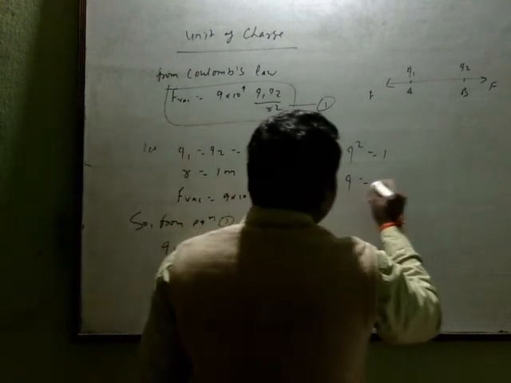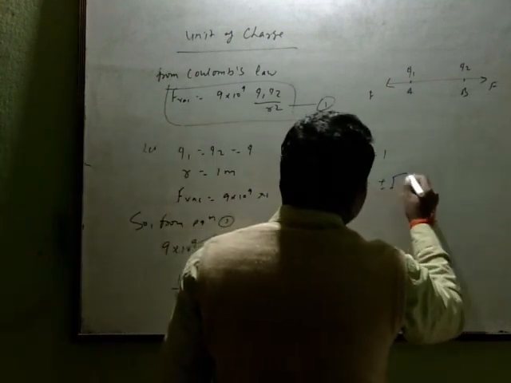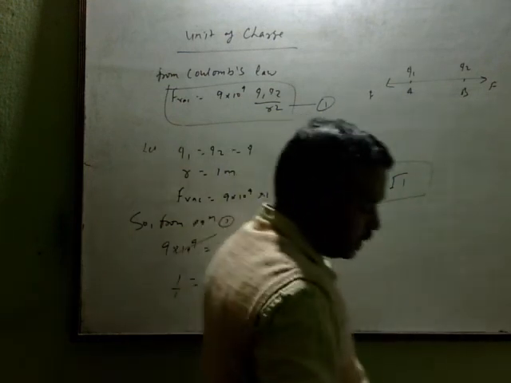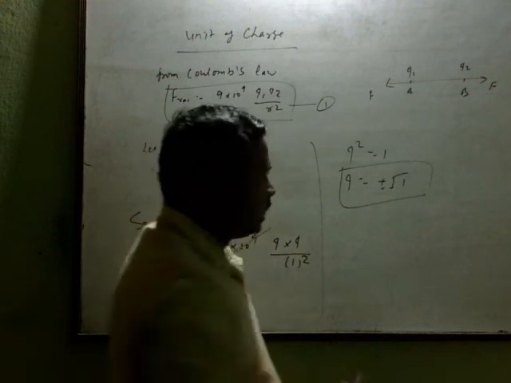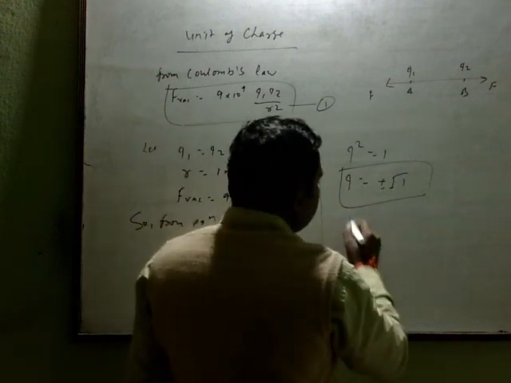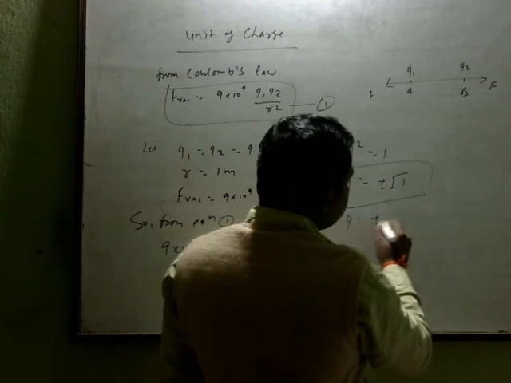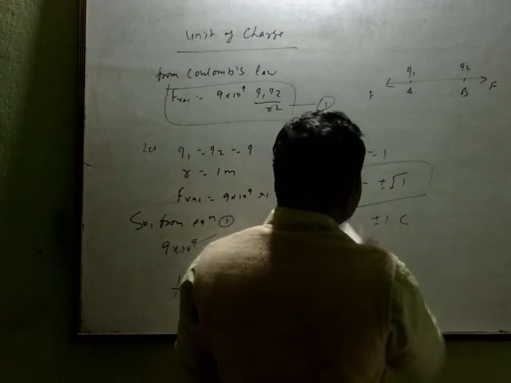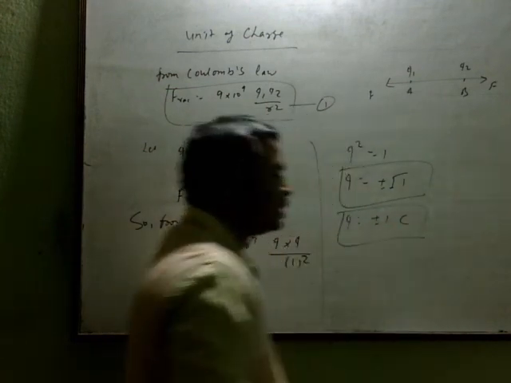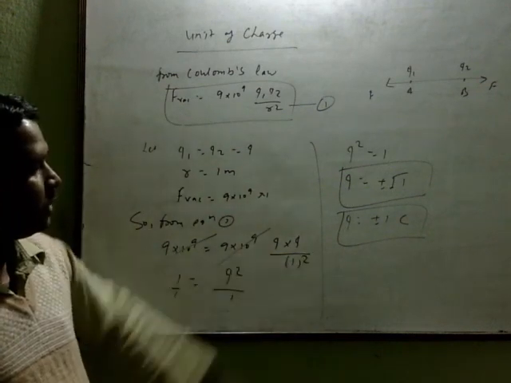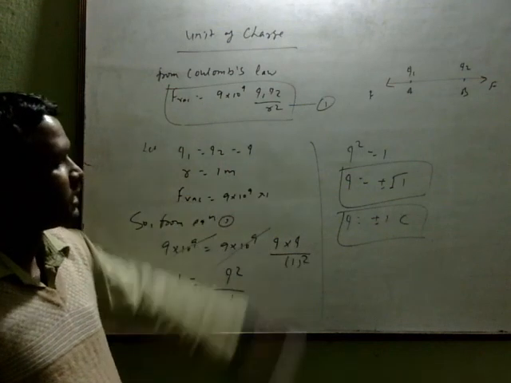Now we can find the value of Q. Q is equal to plus minus root under 1, so Q equal to plus minus 1, and what is the unit of charge? Coulomb. Okay, very good. So this is the unit of charge.